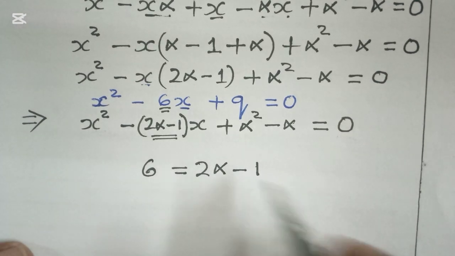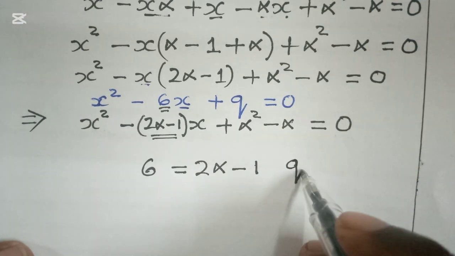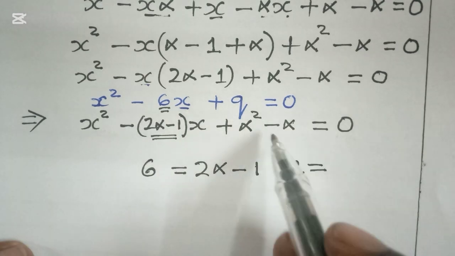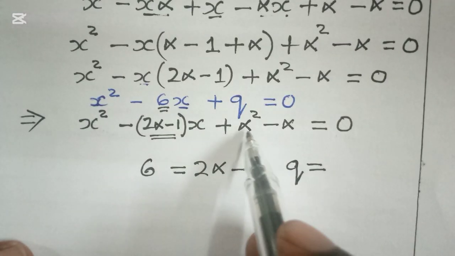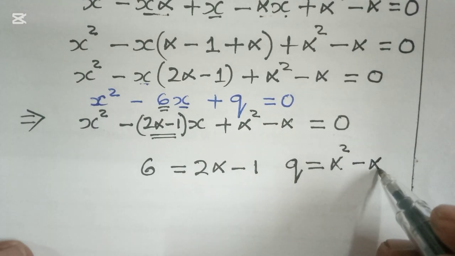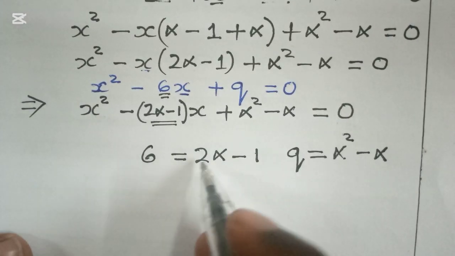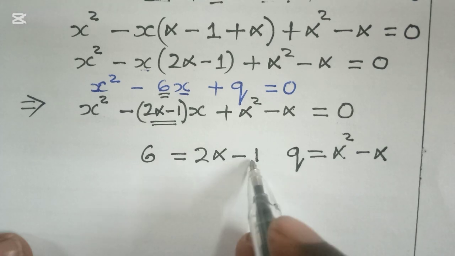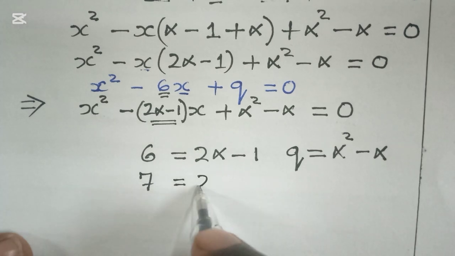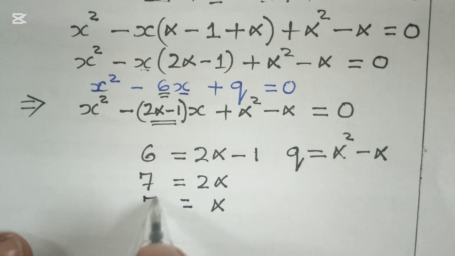And so with that, q is also equal to, because remember that this is a quadratic equation just like this, our constant value here is q, and the constant value here is alpha squared minus alpha. So our q is equals to alpha squared minus alpha. First, we find the alpha from this equation. So you can bring negative this side, you will get 7 equals to 2 alpha. And so therefore, the alpha is going to be equal to 7 over 2.